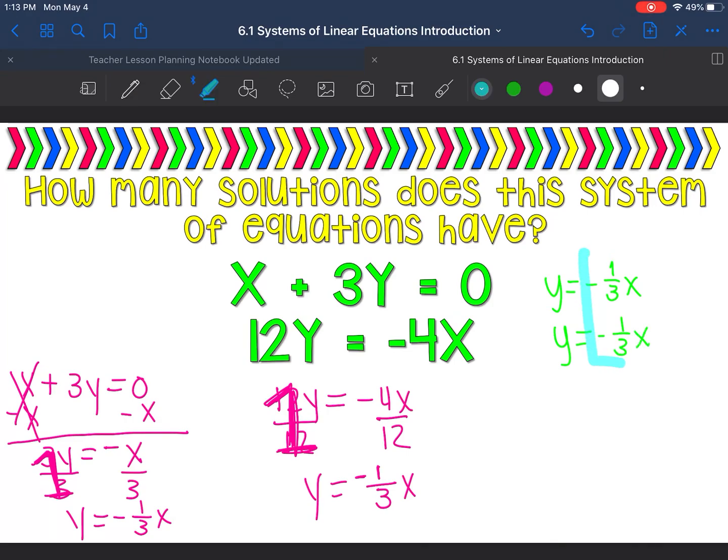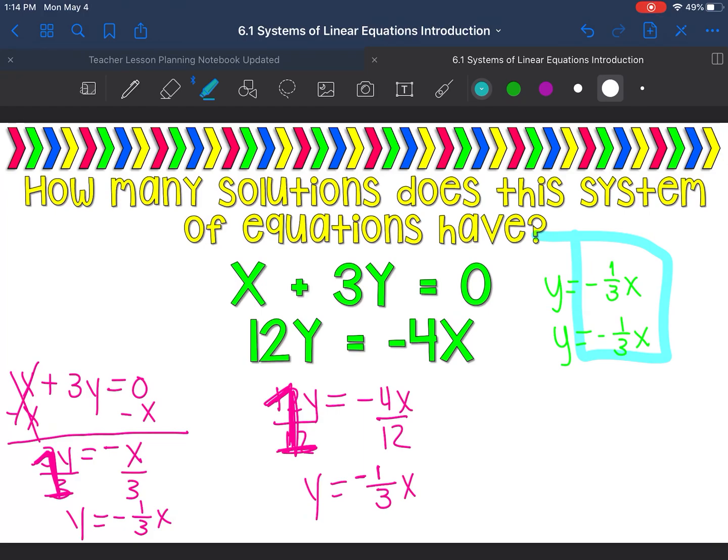All right, so now I can take a look at my slopes. Oops, forgot the x. All right, so now I can take a look at my slope. Do I have same slope or different slopes? I have same, so that means that I'm either going to have parallel lines or lines that are the same. So since I have that, I need to look at my y-intercepts. What's my y-intercept?